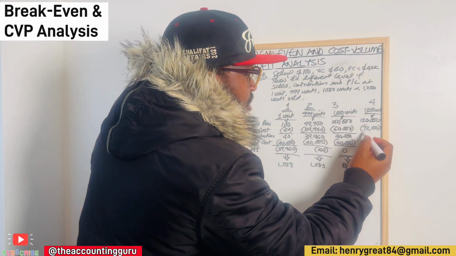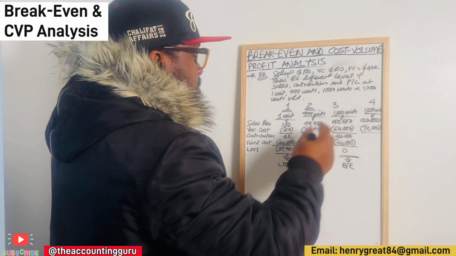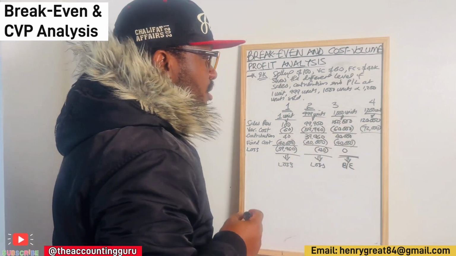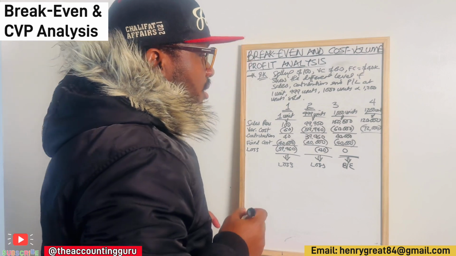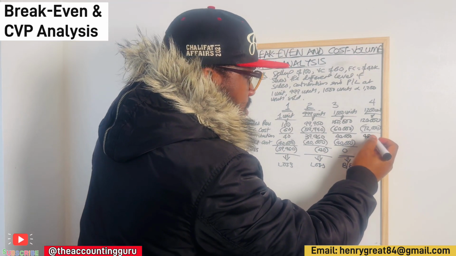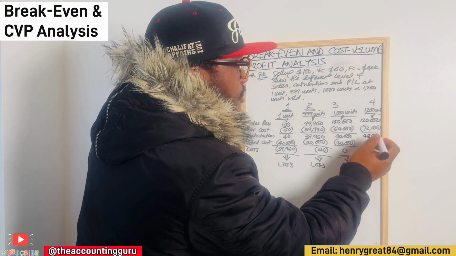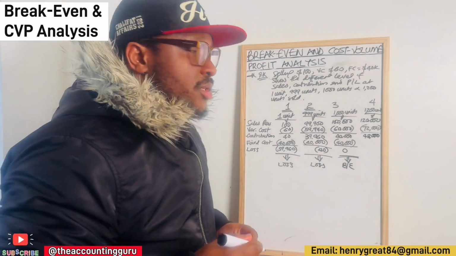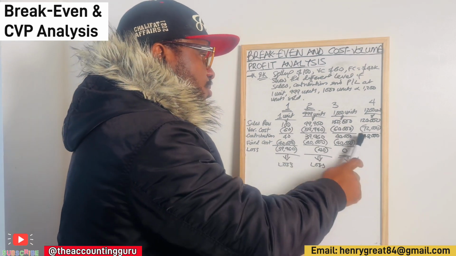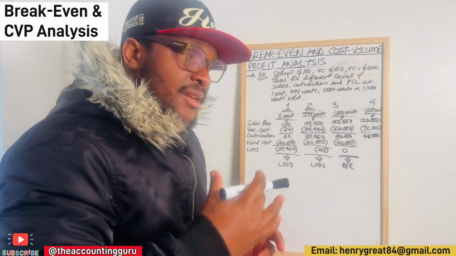So if we have this situation, the difference between sales and variable cost remains contribution, and this would give us $48,000. So $48,000 is the contribution we are having in level 4.